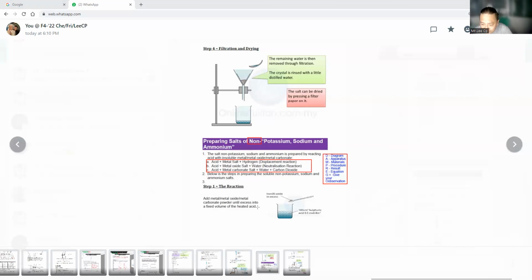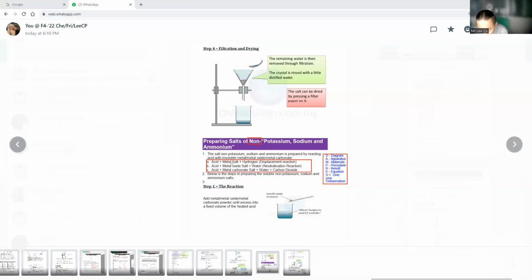Acid plus metal oxide gives salt and water, neutralization.